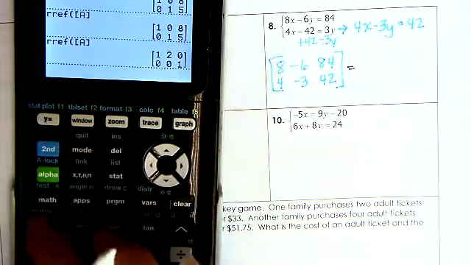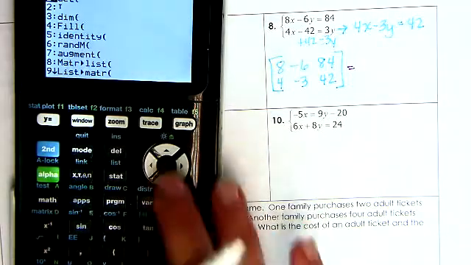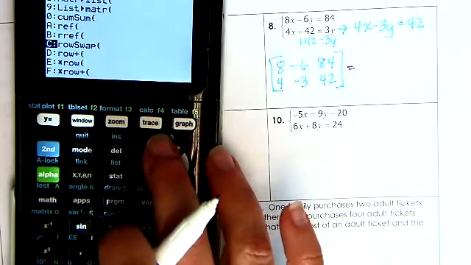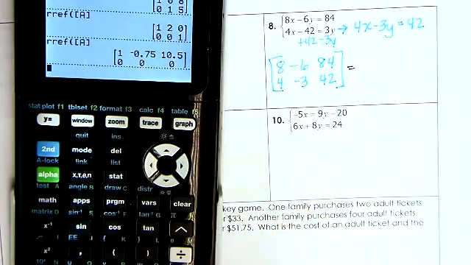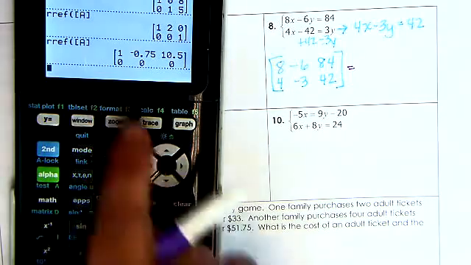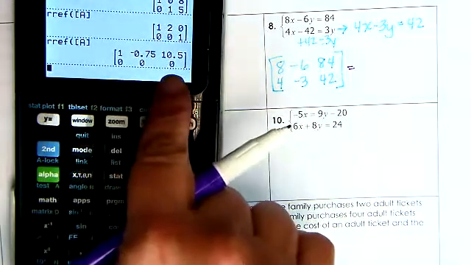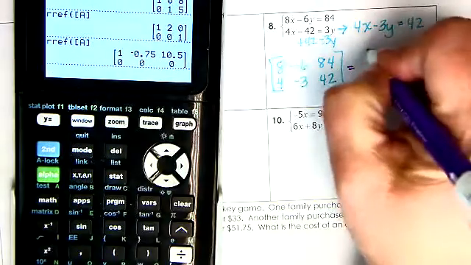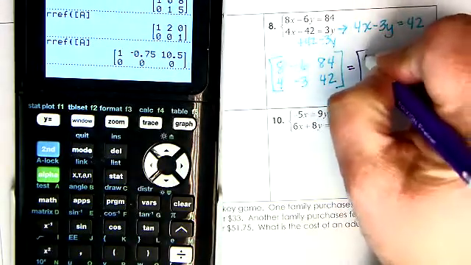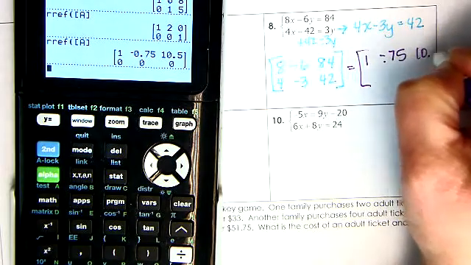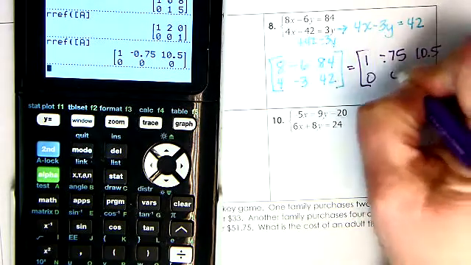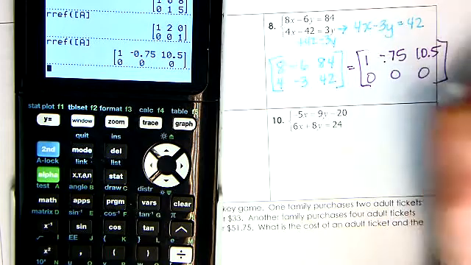Second mode, second matrix, math, RREF, enter, second matrix, enter, enter. And you'll notice that this one, these are all zeros on the bottom. Okay. So we're going to write this, and we have 1, -0.75, 10.5, 0, 0, 0.